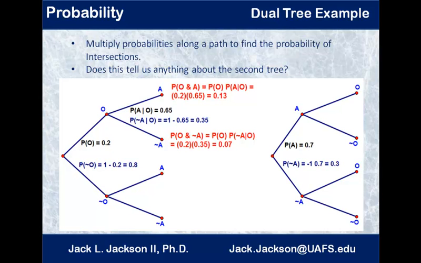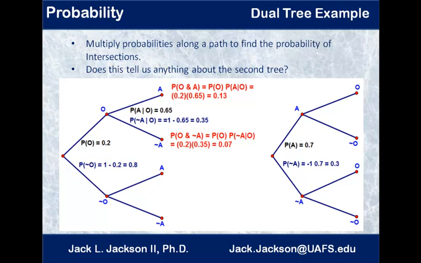So it's 13% chance that it was both outstanding and judged by panel A. Similarly, we can multiply the probability of outstanding times the probability of not A given outstanding to give the probability that it's outstanding and not judged by panel A. That intersection probability is 0.2 times 0.35 or 0.07.